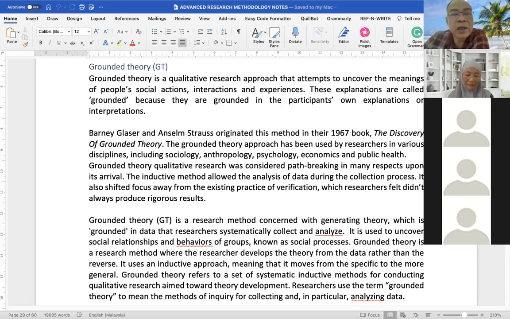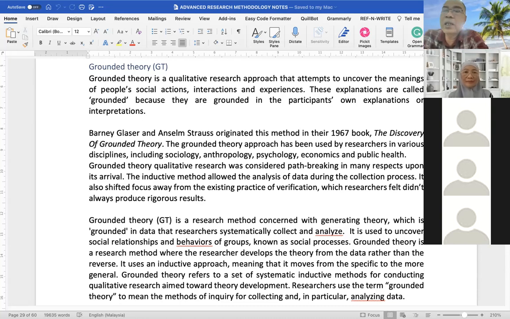So grounded theory qualitative research was considered path-breaking in many respects when it was first introduced. The inductive method allowed the analysis of data during the collection process. So when researchers do grounded theory, they don't have much of a theory.